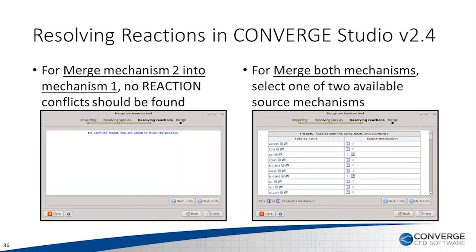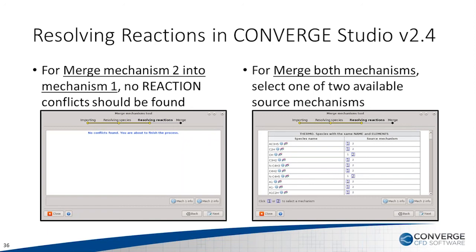This is what you're going to see when you're trying to resolve reaction conflicts or species conflicts in Studio. If you merge a second mechanism into the first mechanism, most of the time you do not see any conflicts because the GUI is smart enough to help you identify what to keep and what to remove.